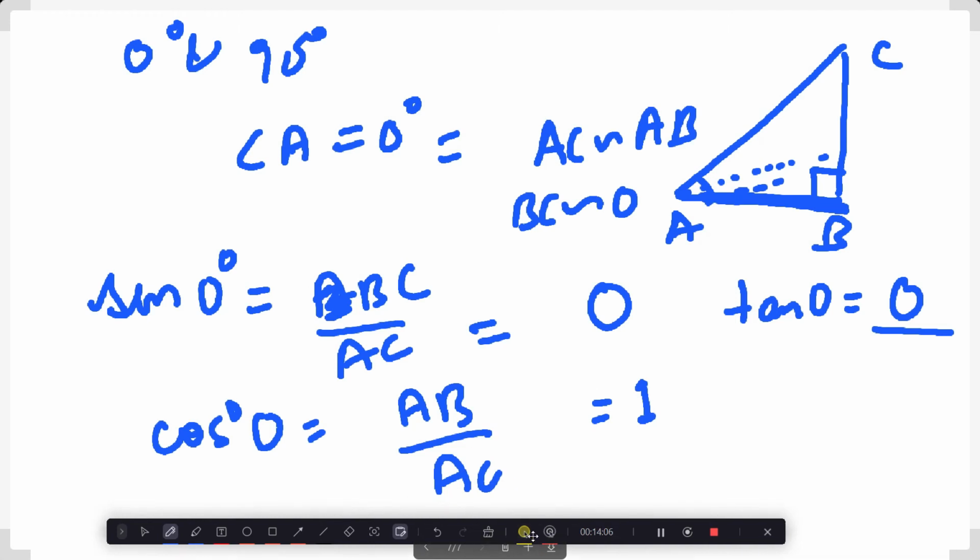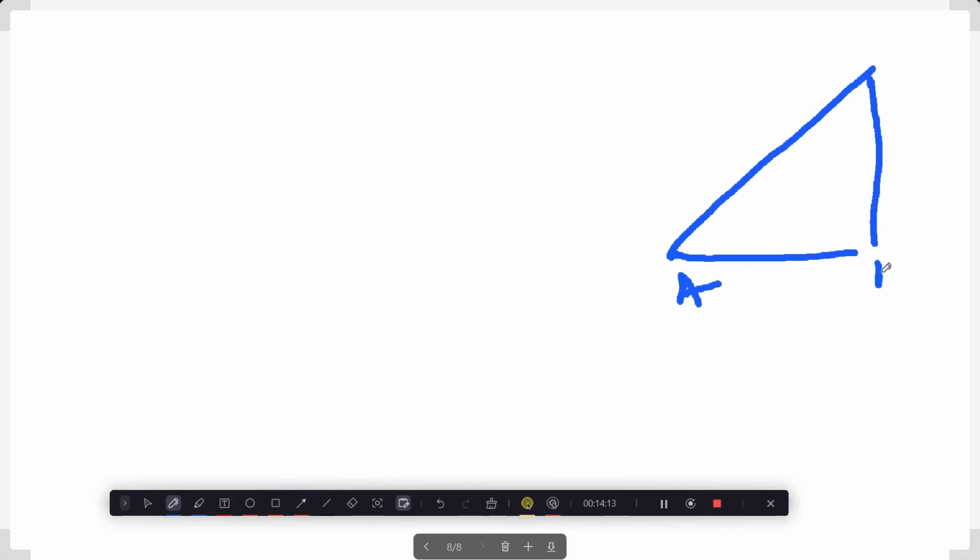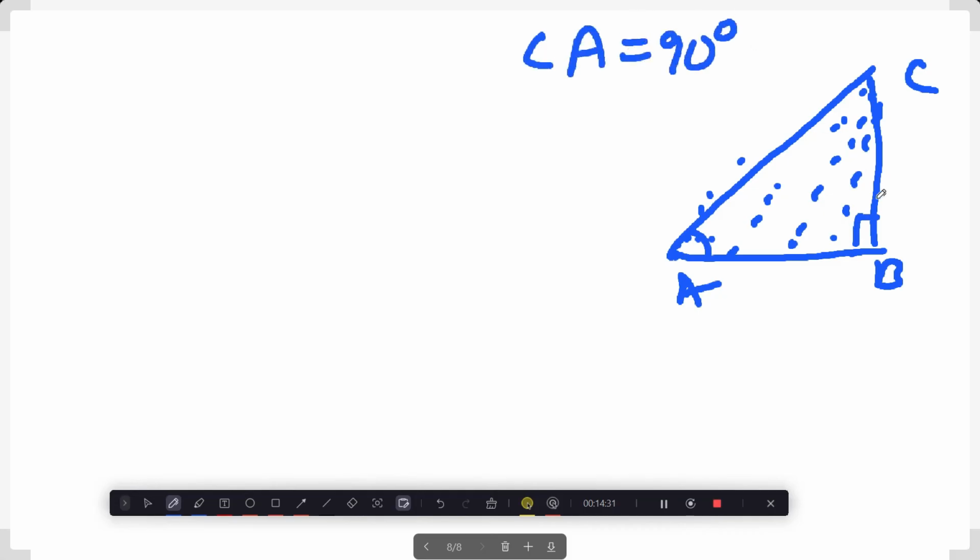Now similarly, if we are to look at this, now this is some angle. Now we are trying to increase this angle like this, till it becomes 90 actually. We are making A equal to 90. When A equals 90, then we see that AB has become 0 and AC is equal to BC.